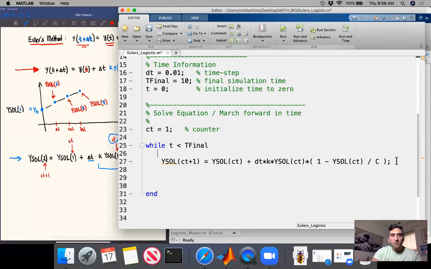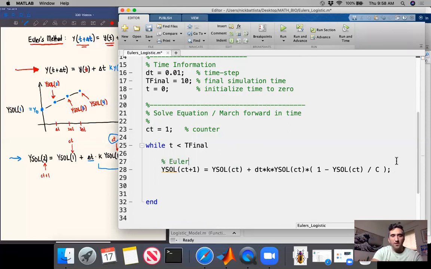Now, I'm just going to write that this is our Euler step here, or Euler's time step, because that's how we're getting more and more solutions using Euler's method. But there's a few things that we need to make sure that we're doing.